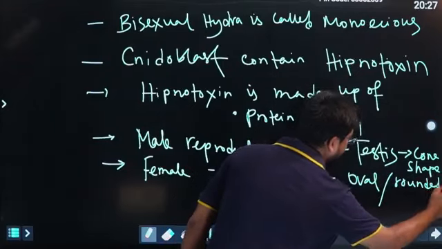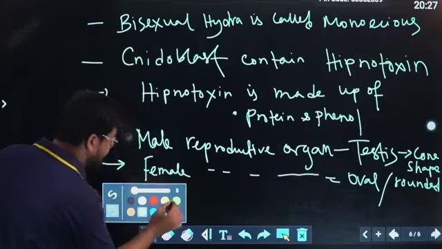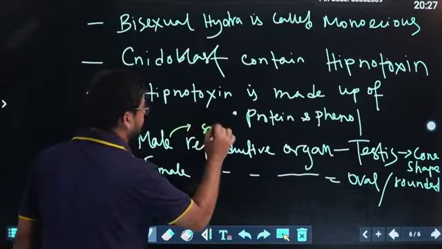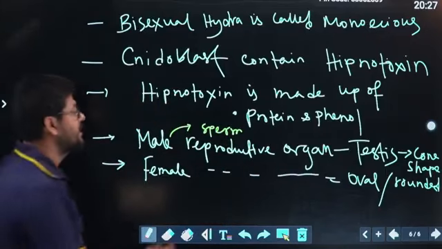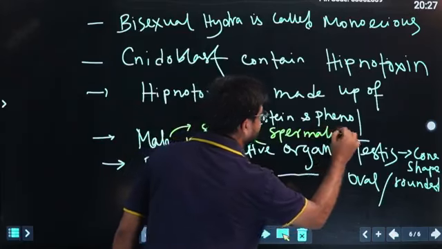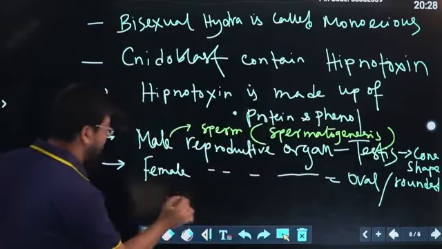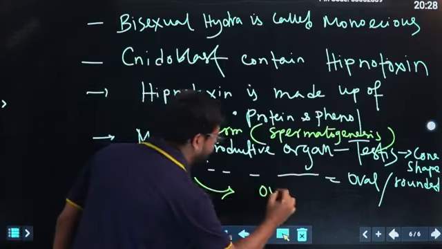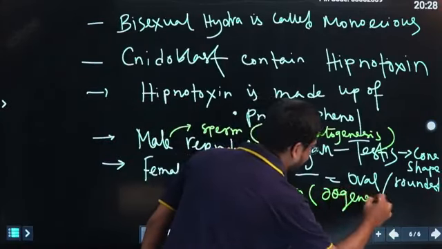Okay, rounded. The male reproductive system produces sperm. By which process is sperm produced? It is spermatogenesis. By which process does the female reproductive system develop ovum? Ovum is developed by oogenesis.